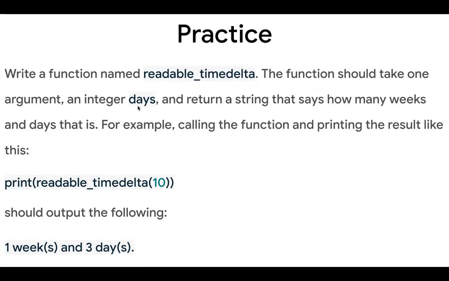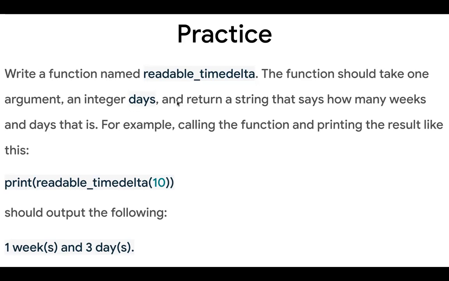So we know how to define a function. We have a def keyword, then the name of a function, then brackets, and inside brackets we can specify or require arguments, or they will be empty, no argument. In our case the function should take one argument, which is days. So we can imagine this would be an integer.